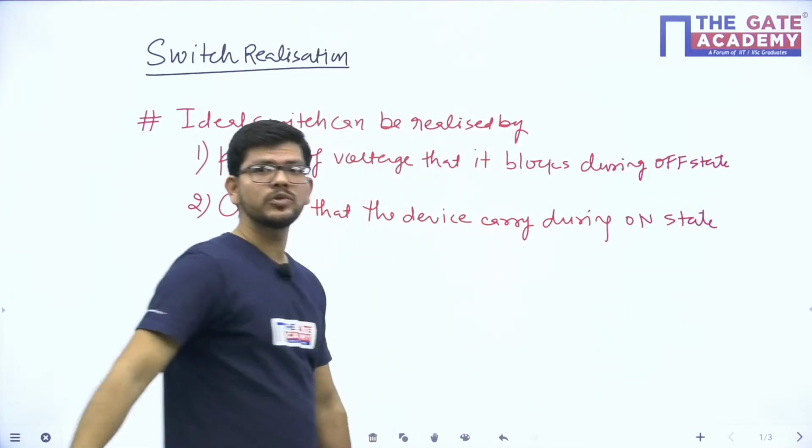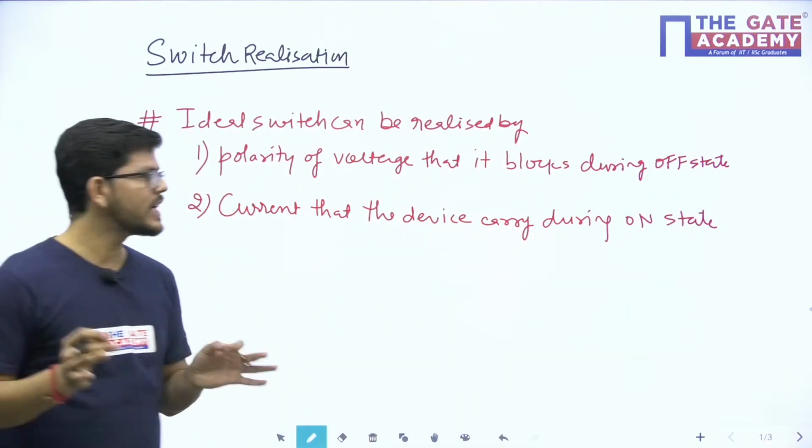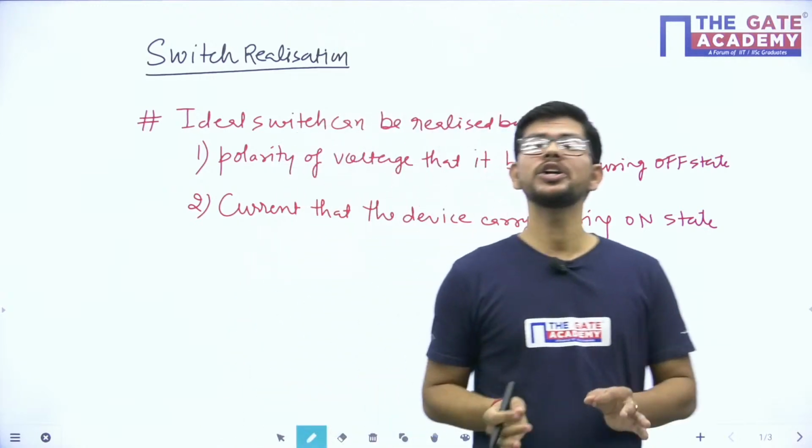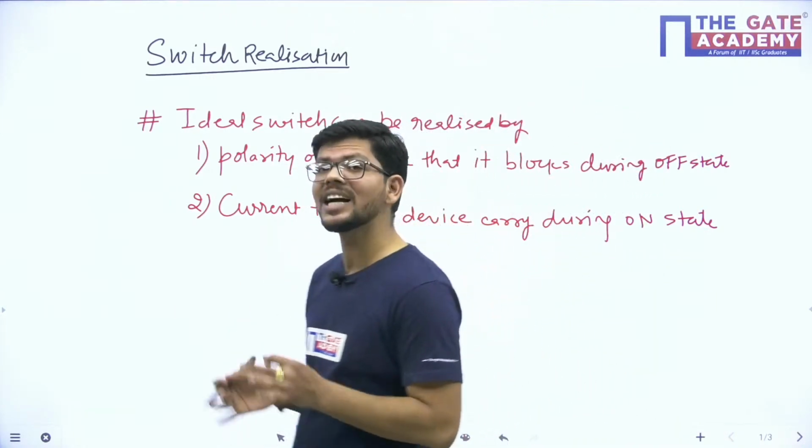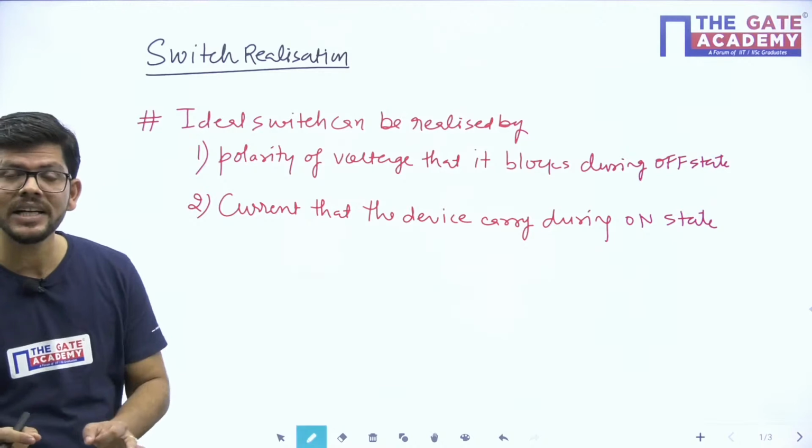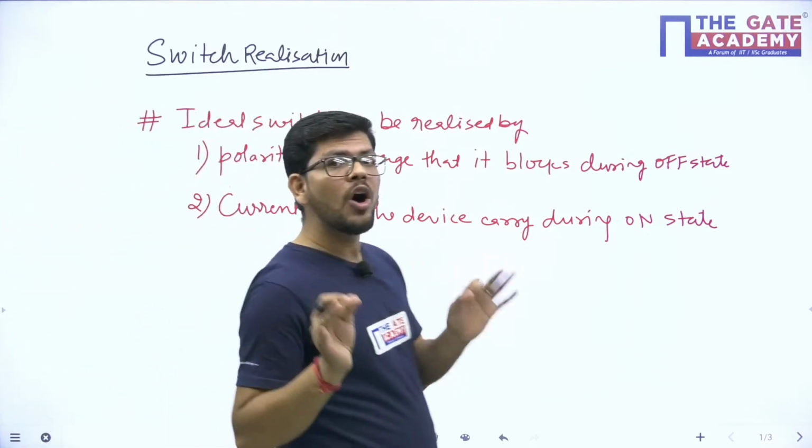So to realize a switch, all you have to see is the voltage that the device is going to block during its off state and the current that the device is going to conduct during its on state.